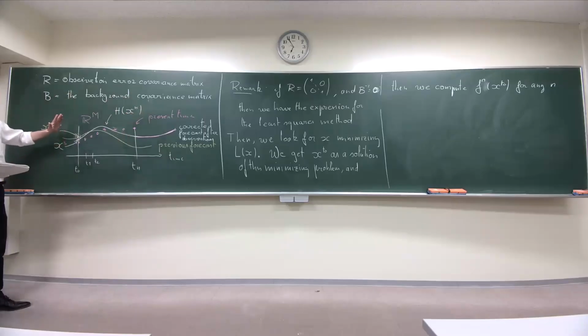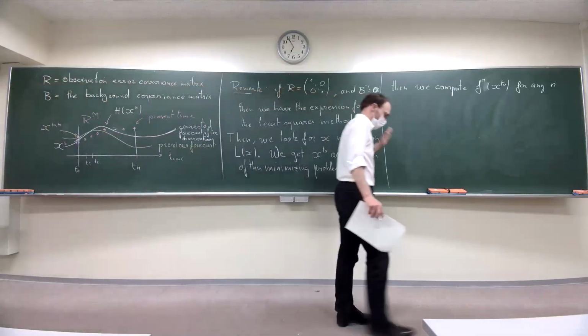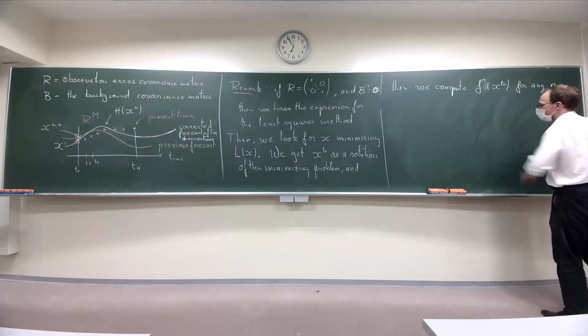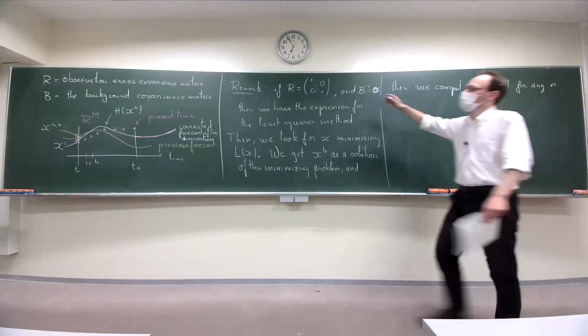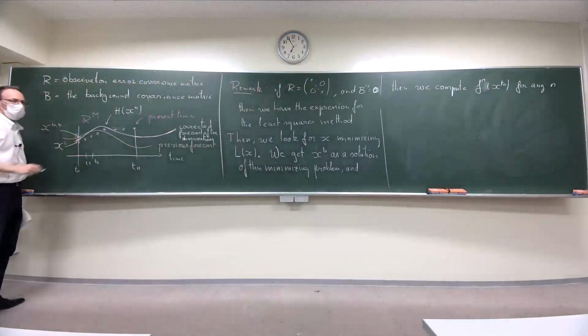But what I wanted to say is we can generalize this least square method by putting these two matrices B and R, which give us more freedom. We can decide what is more important, whether we trust more the observations or our initial guess.